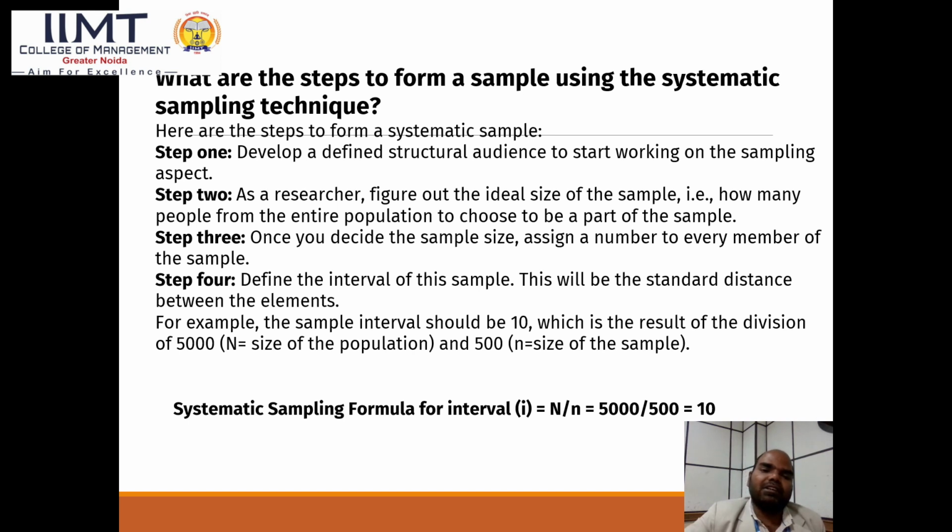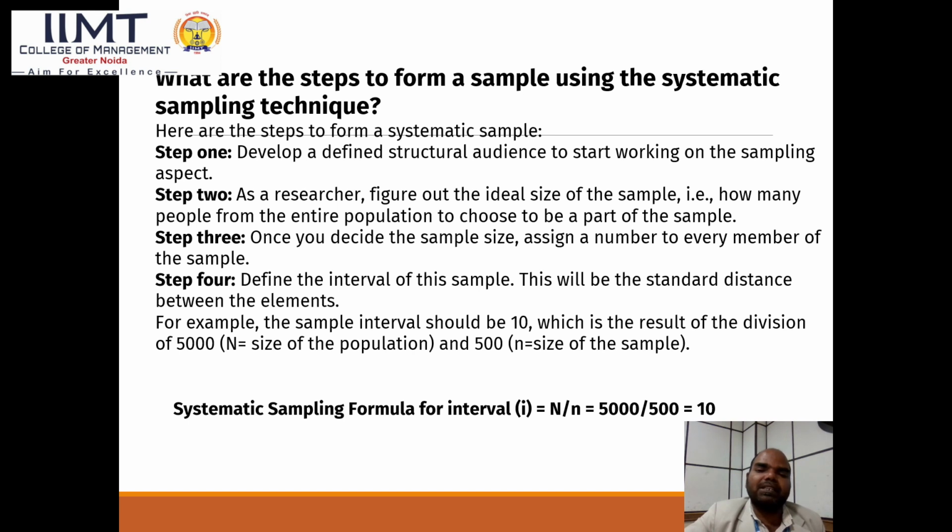Second, as a researcher, figure out the ideal size of the sample, how many people from the entire population to choose to be part of the sample. And third, once you decide the sample size, assign a number to every member. Means if we select in a classroom, every student has a number.